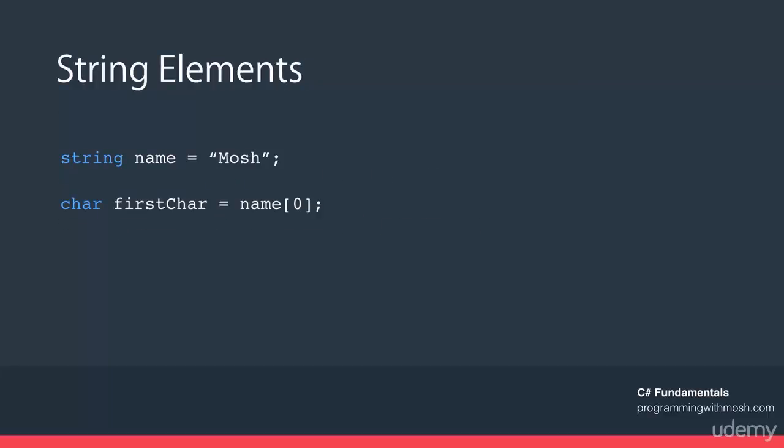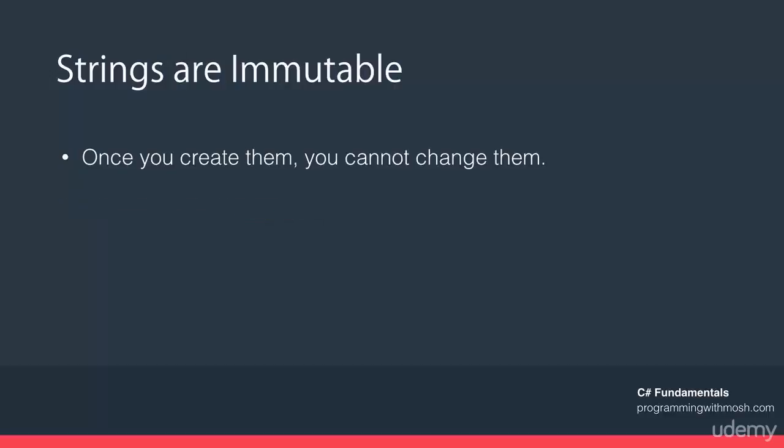Now that we have a string, we can access each of its individual characters using an index. So in this case, name of 0 represents the first character in our string. One thing you need to know about strings in C# is that strings are immutable, which means once you create them, you cannot change them.